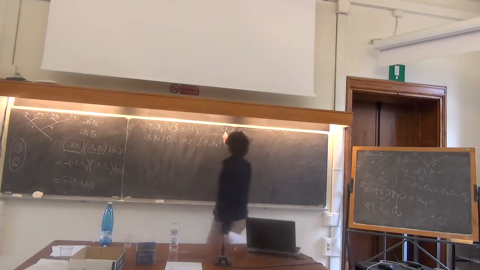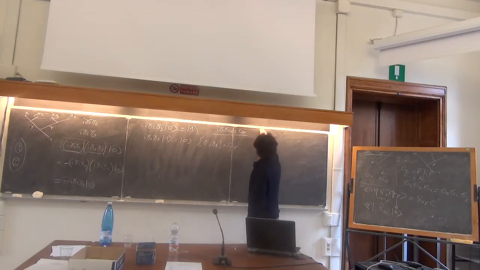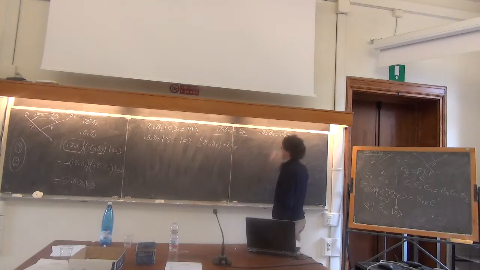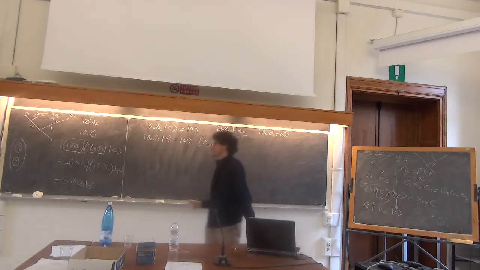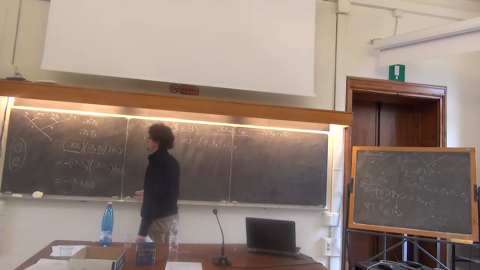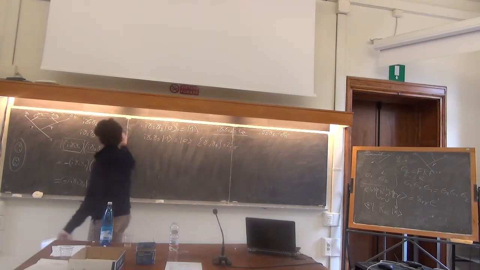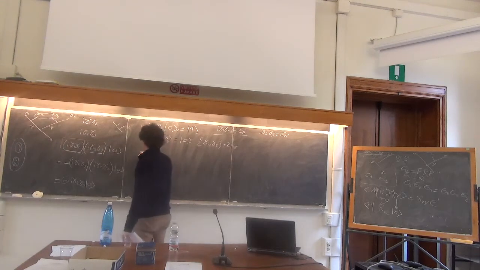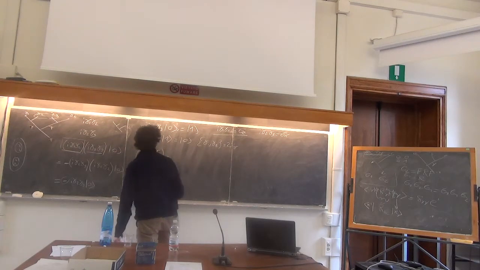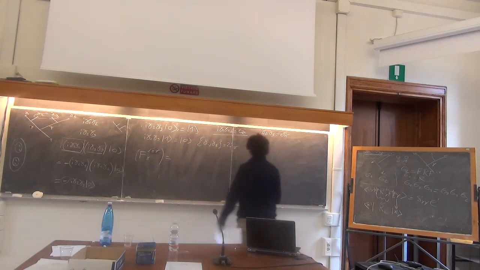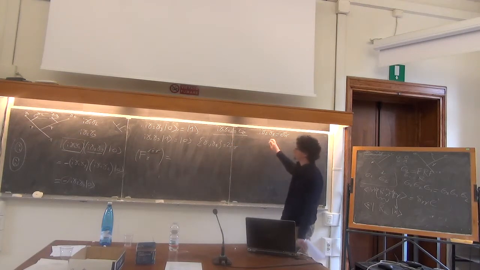So if i gamma 1 gamma 2 is equal to sigma z, i gamma 2 gamma 3 is equal to sigma x. And the basis transformation from one to the other is the F matrix, so essentially it must correspond to this one.